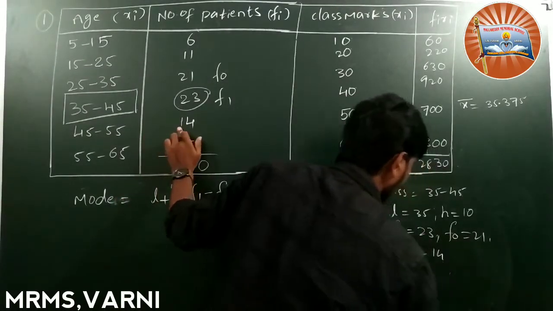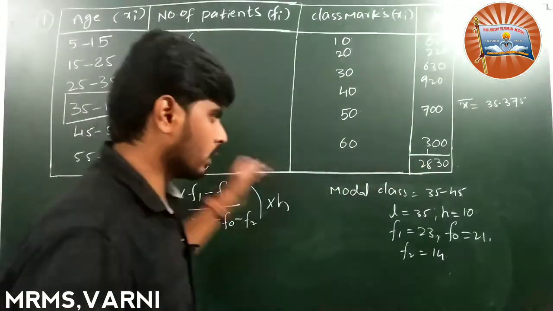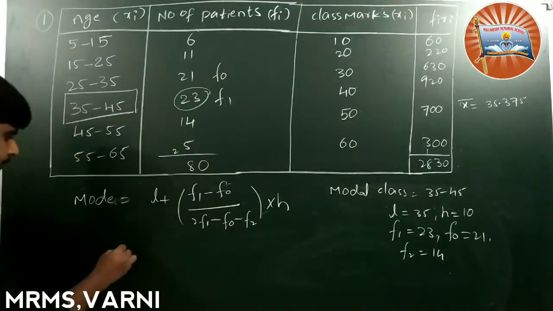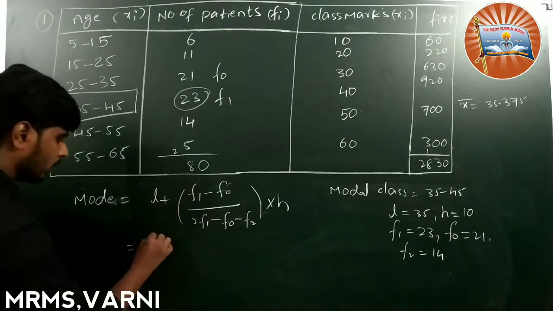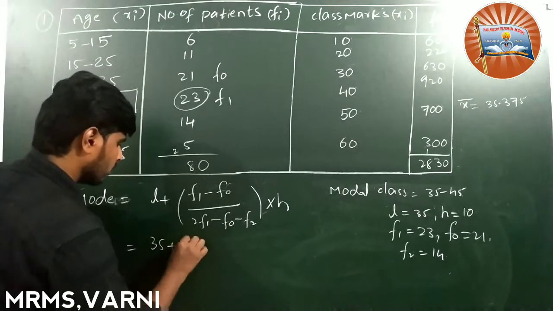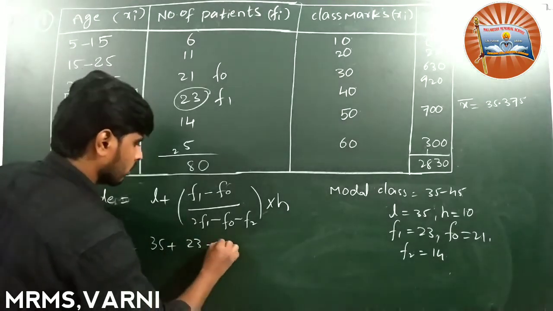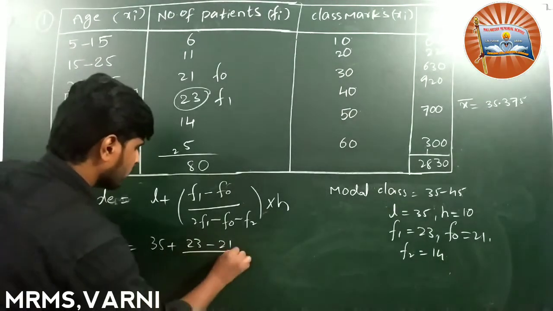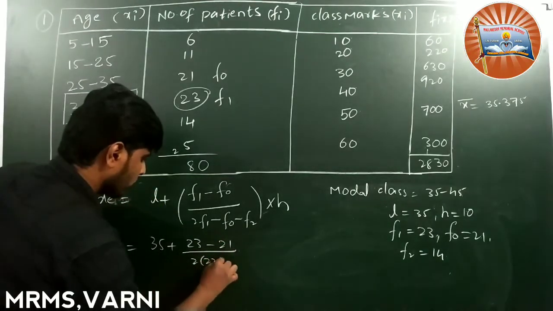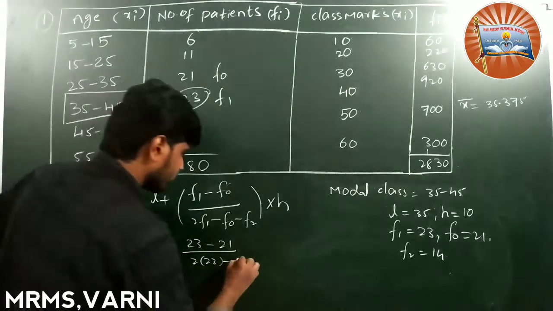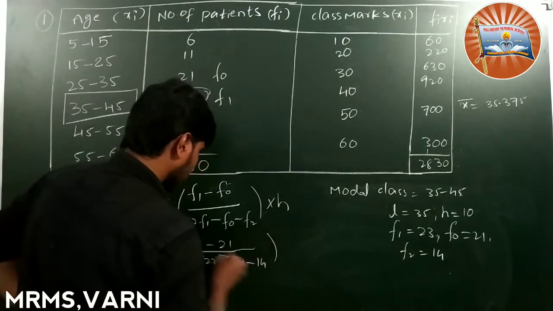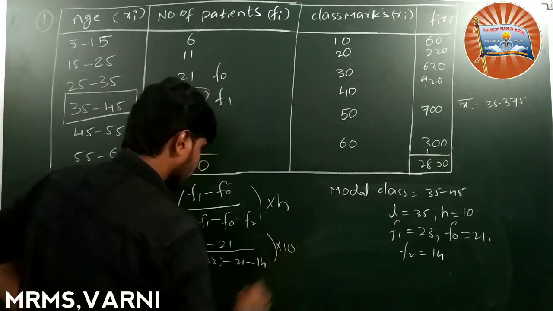So F2 is 14. Now we have to substitute these values into the formula. Okay, right, substitute here. L nothing but 35 plus F1, 23 minus F0, 21 by 2 F1, 2 into F1 value 23 minus F0, 21 minus F2, 14 into 10.